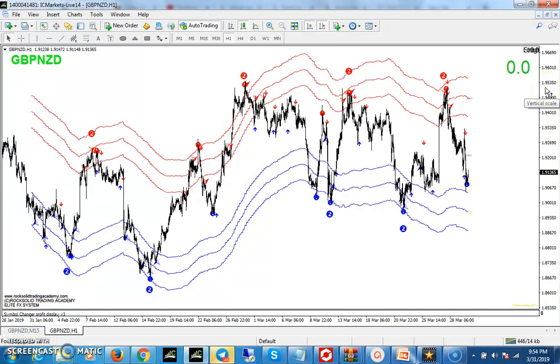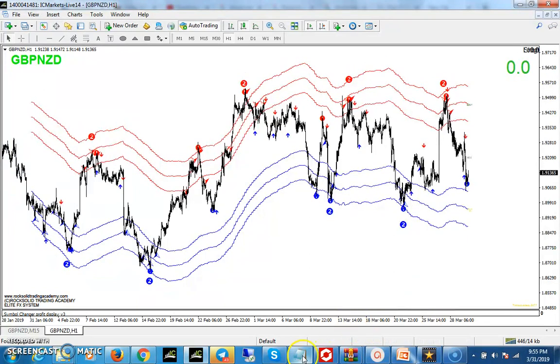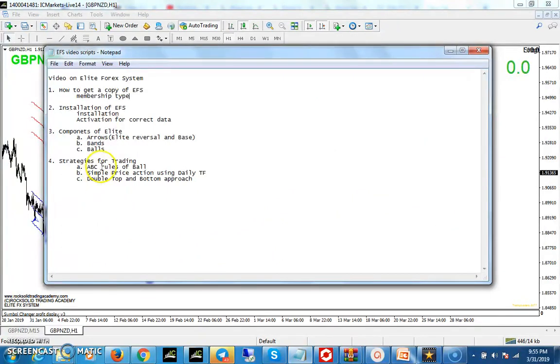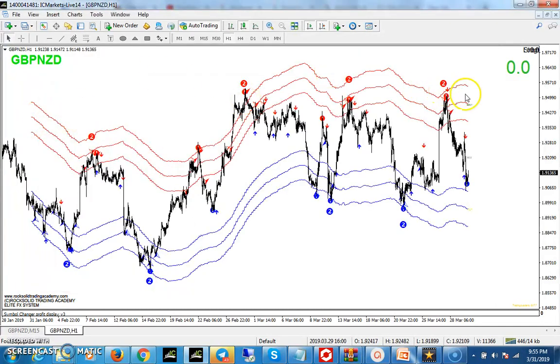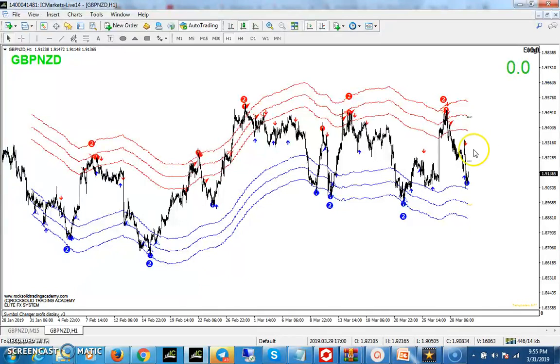Having looked at the components, which are already highlighted, the next thing is to look at the different strategies of trading. Number one, the basic and the simplest way is the ABC rule of the balls and arrows. Like we said already, for you to trade, the minimum condition you want to see is a 1-2 ball and a trigger arrow.